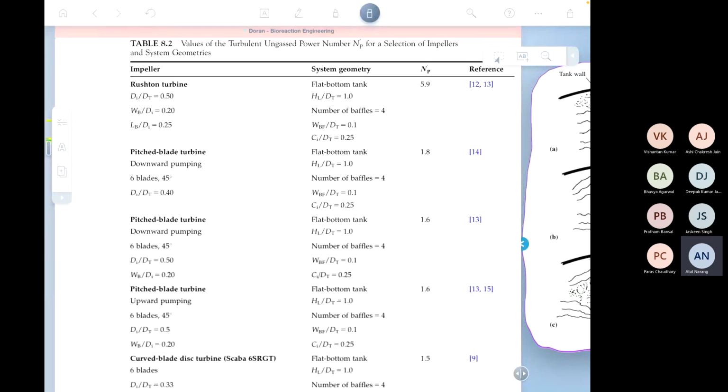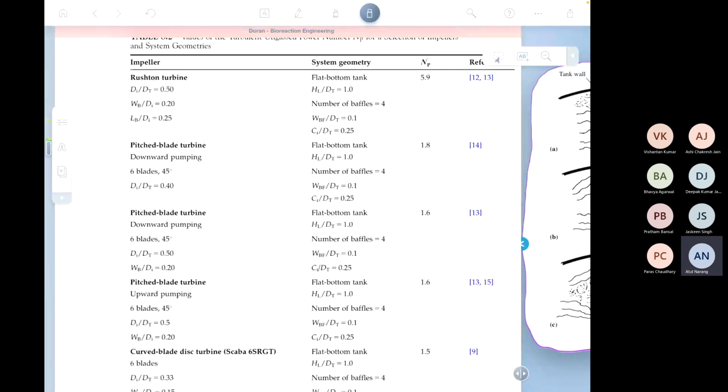Okay, now you can take a look here. Almost all old impellers are Rushton impellers. The NP prime is 5.9.